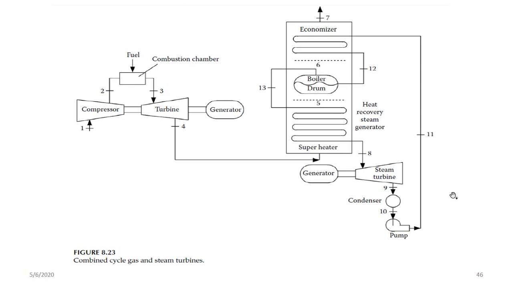So now if you observe, the exhaust gases from the turbine, they leave at temperatures way above 500 degrees. So why should you waste that energy? That's why in here they've coupled the exhaust to the turbine through a heat exchanger.